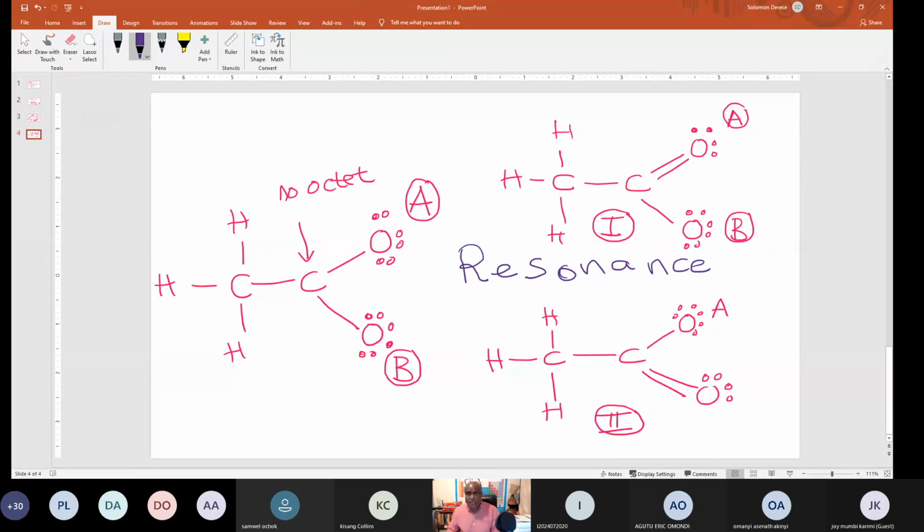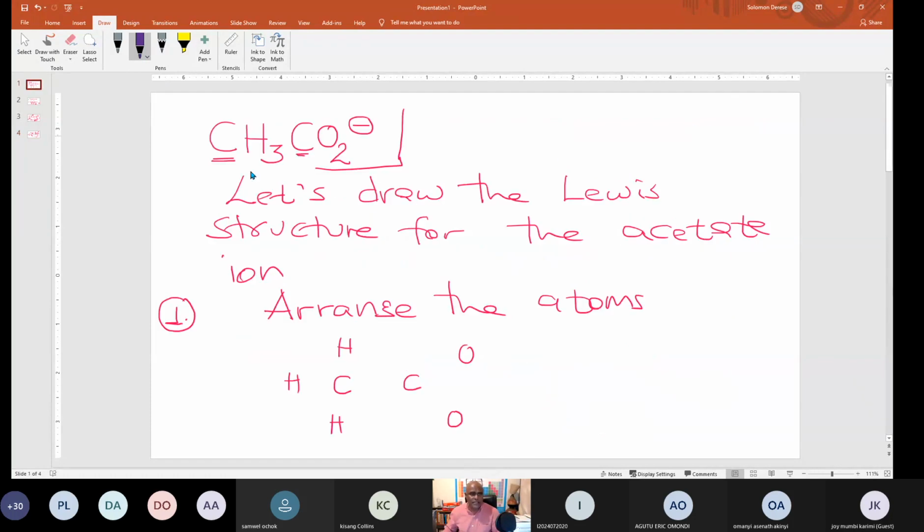First of all, for this structure to be complete, we must put the charges. You remember, the acetate ion is CH3CO2 minus. It has got a net charge of -1.